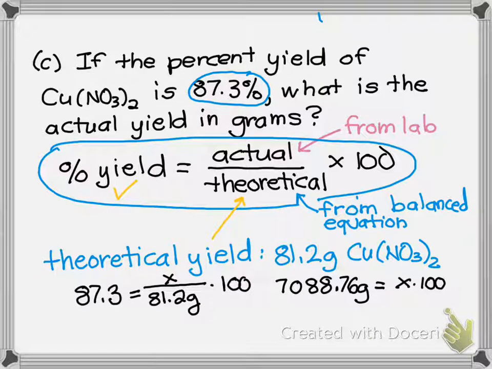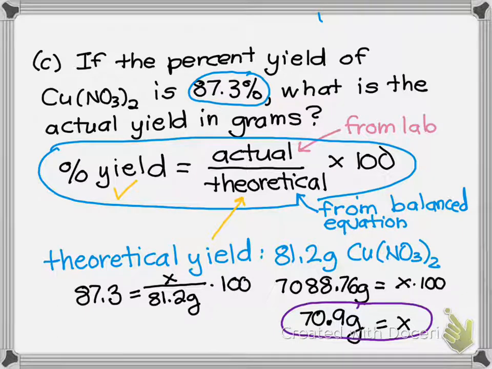And now I'm going to divide by 100 onto the left-hand side to get X by itself. And I get 70.8876. So to three significant figures, I get 70.9 grams. So my actual yield would be 70.9 grams. This is two steps.